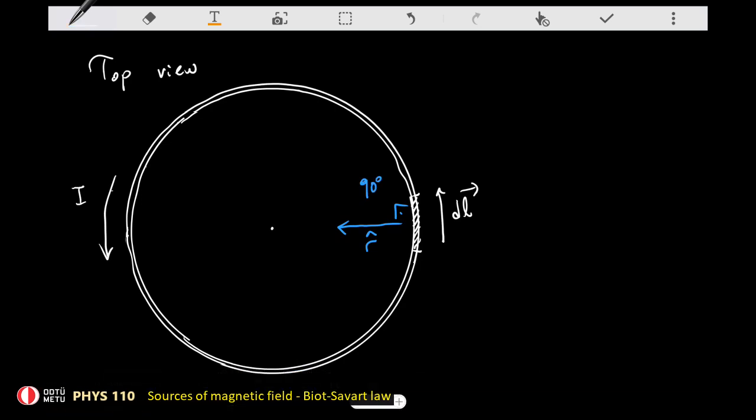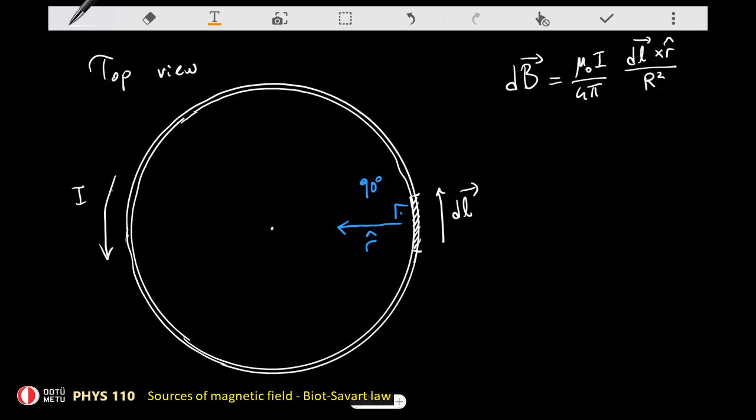So if I pass to writing down the Biot-Savart law for this element, I'm going to first write down the vector expression. So it is dl cross the r unit vector divided by r squared.